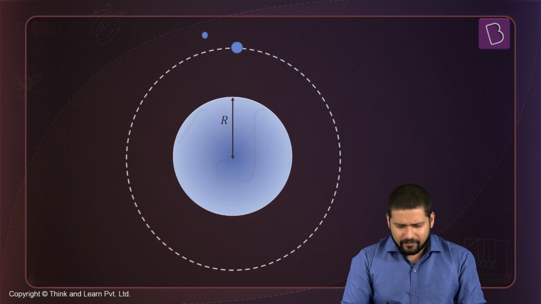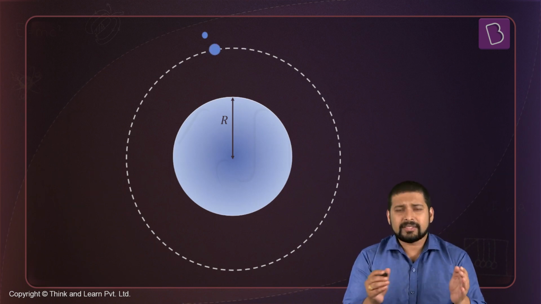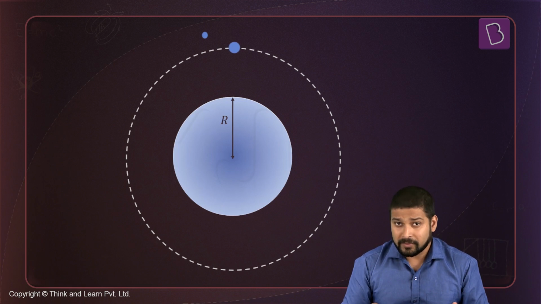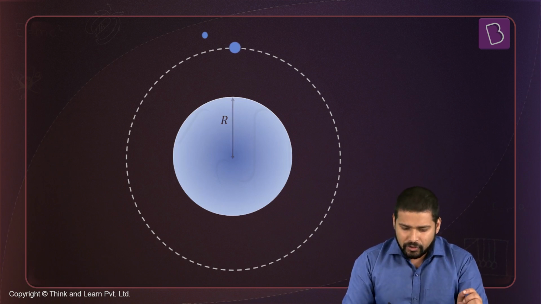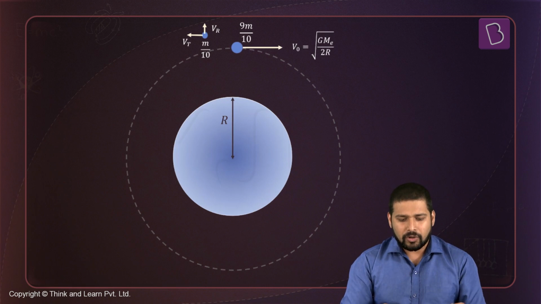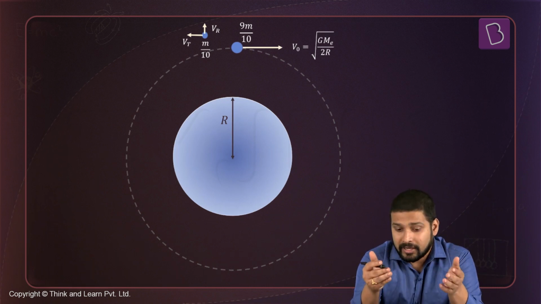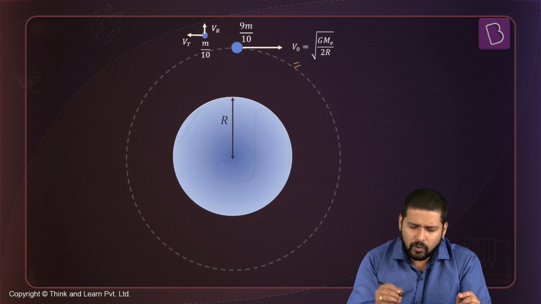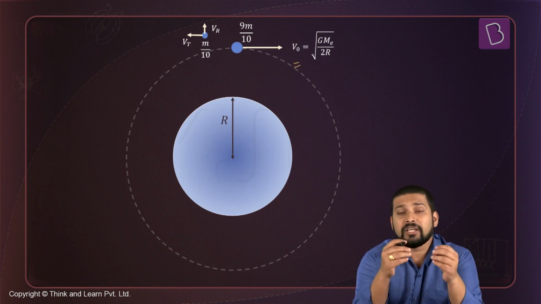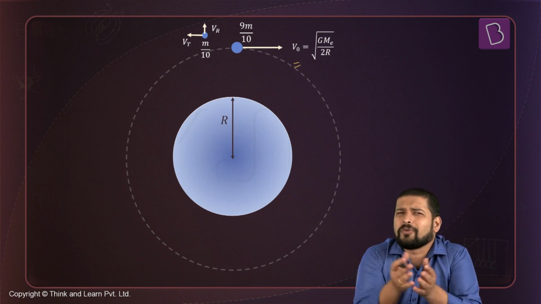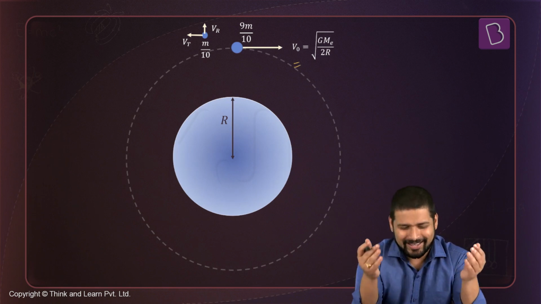Then this satellite starts orbiting the Earth, and with the mass of the satellite as 9m/10, you get V_O equals root over G M_e upon 2r. This is just the normal formula of the orbital velocity.